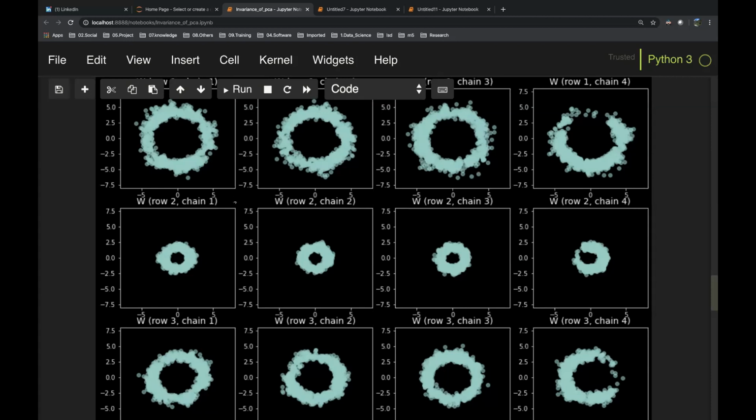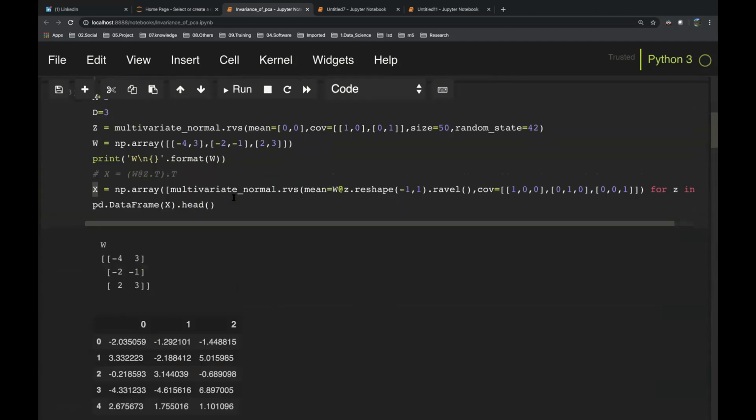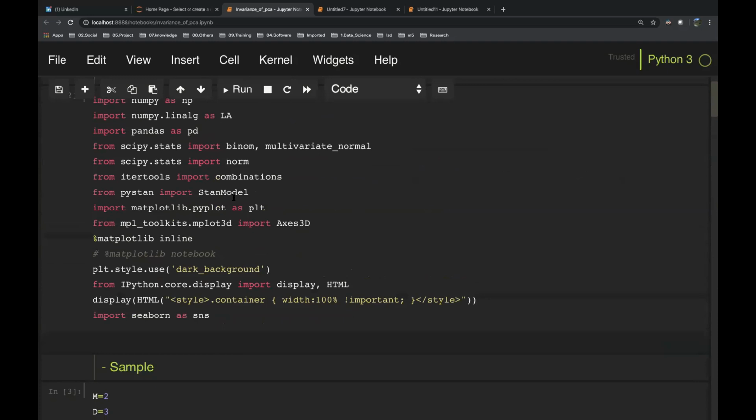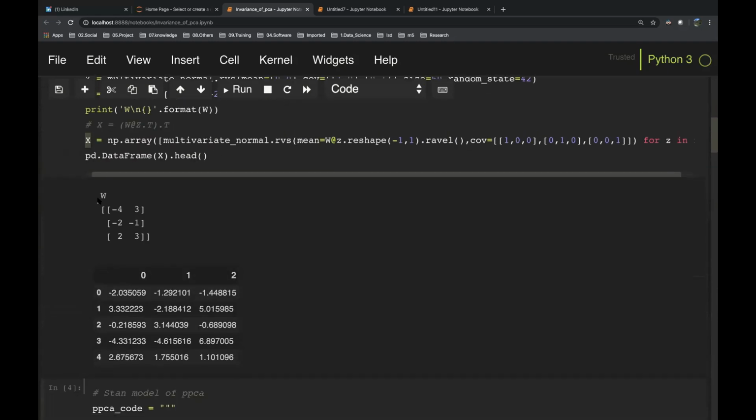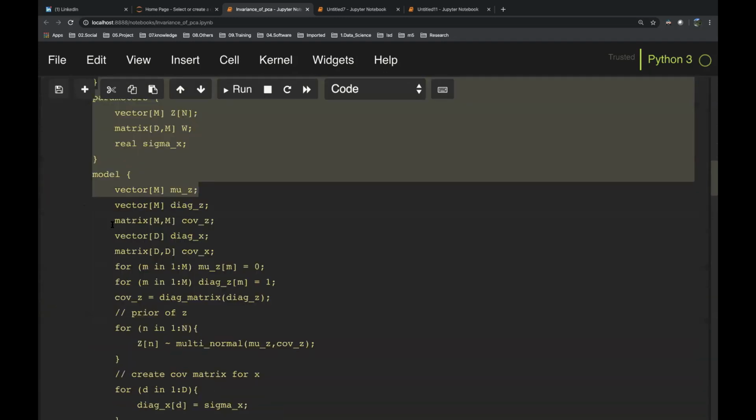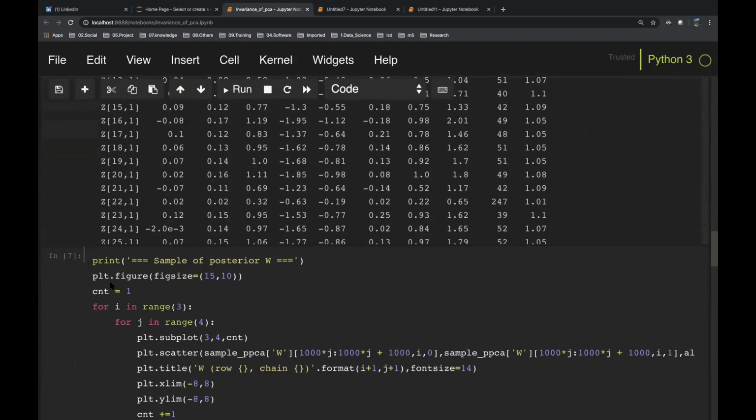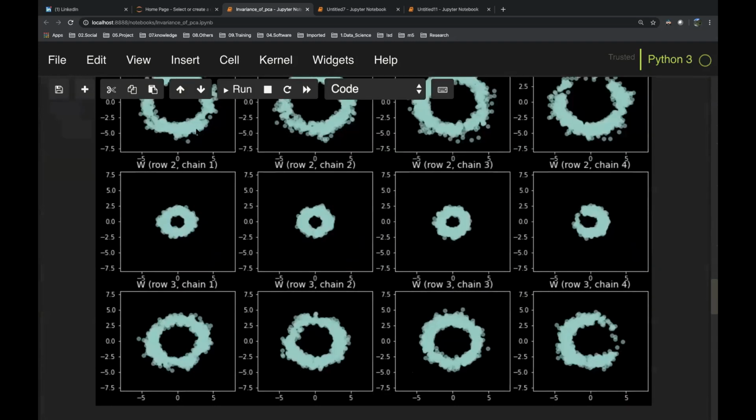That's why the result of the sample looks like here. Interestingly, I intentionally set W like this. This row has the biggest norm and this row has the smallest norm. That's why the circle is biggest here.